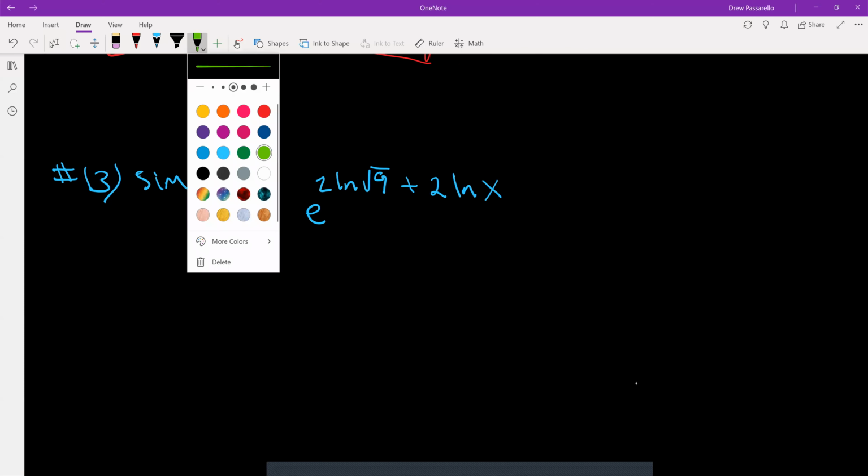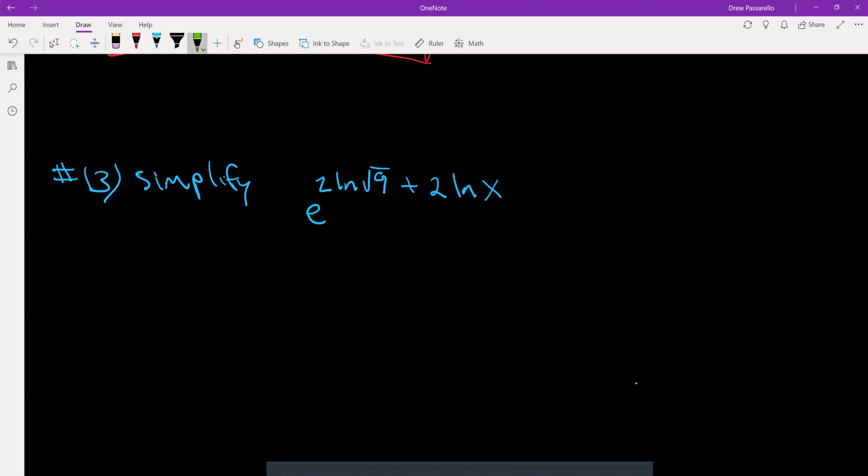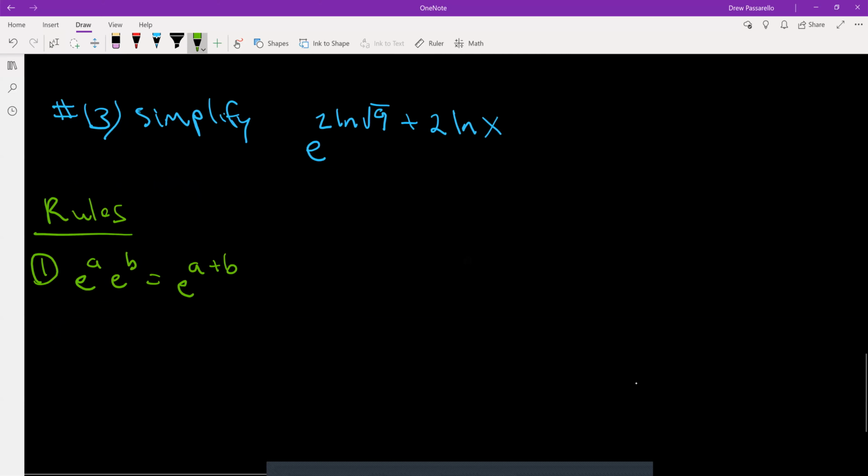So some exponent rules I'm going to apply. So if I have e to the a times e to the b, that's e to the a plus b. That's one of the rules I'm going to apply. I'm going to apply the natural log of a to the b. That's b times natural log of a.